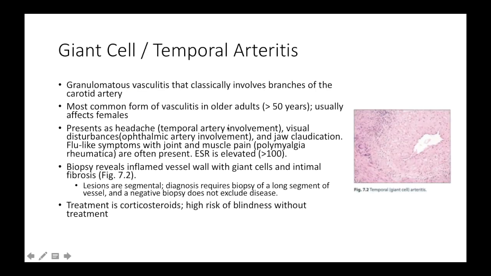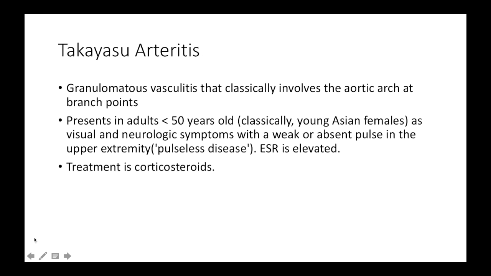So if we remember the other one, over 50, and here we have under 50. This one also occurs in females, more classically young Asian females, and can present with visual and neurologic symptoms with a weak or absent pulse in the upper extremity.